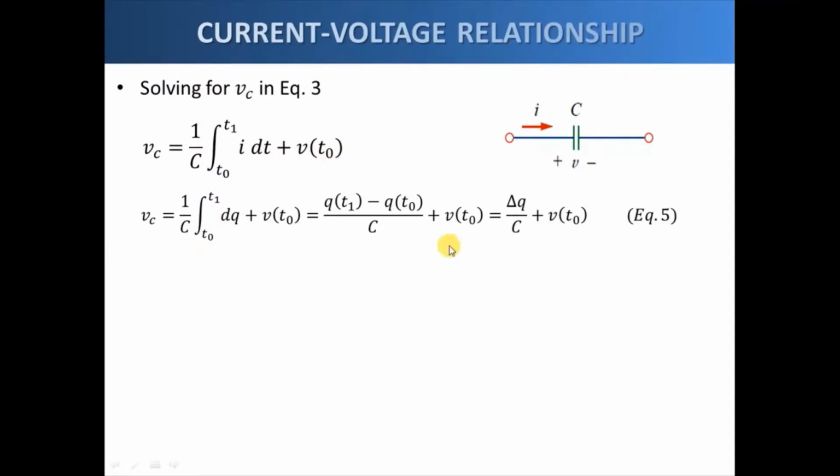Simplifying this shows us that the voltage across the capacitor is really the voltage due to the change in the accumulated charge plus any initial voltage.